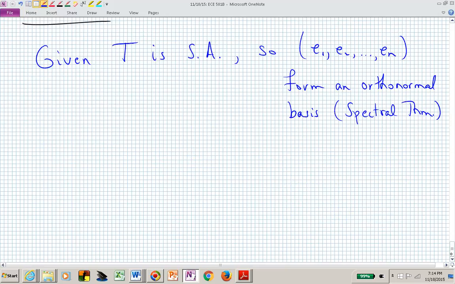That's from the spectral theorem. And we're told from statement B that all these eigenvalues of the operator are non-negative.